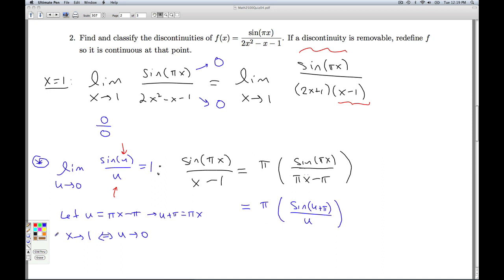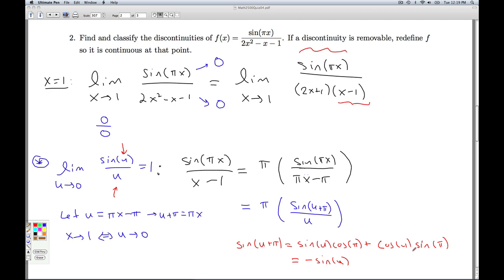using the sum rule. So the sine of u plus pi is the sine of u cosine of pi plus the cosine of u sine of pi. The cosine of pi is -1, so I have negative sine of u.